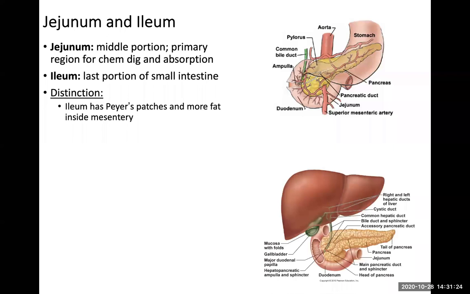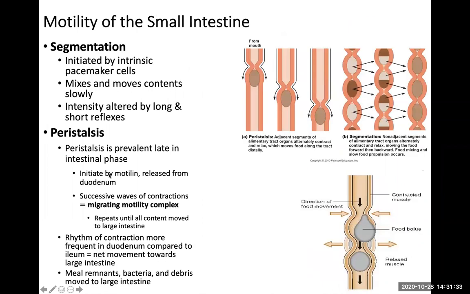Okay, and then the jejunum and the ileum, I think I said most of what I want to say about those portions of the small intestine already. And that same information is here on that slide. When it comes to movement in the small intestine, let me start with peristalsis. Peristalsis we've already talked about, right?